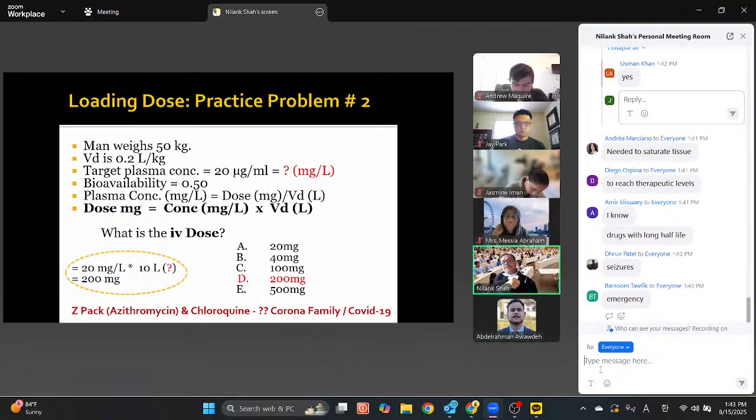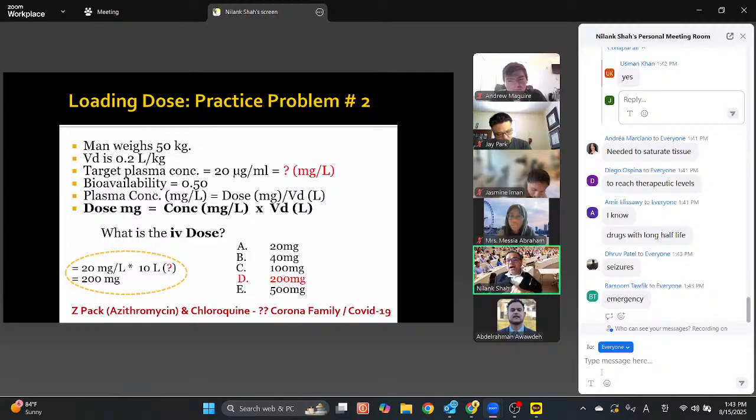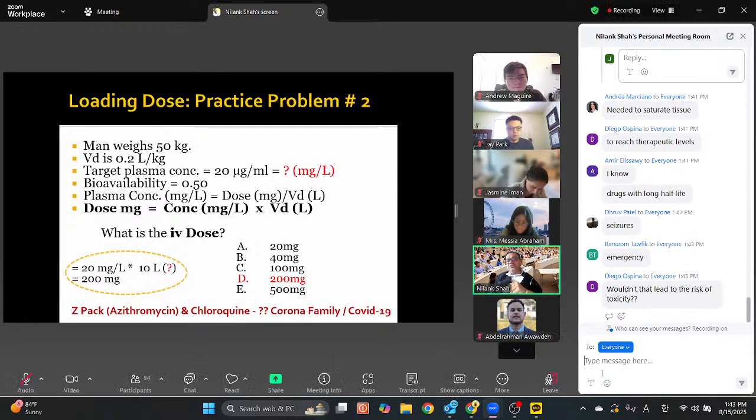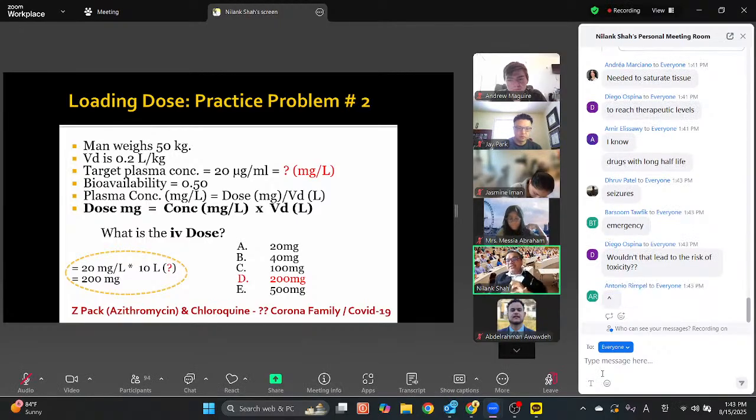I love that. So in case of emergency, when the patient is critically ill, right, Abdel? Yes. When the patient is critically ill in the emergency room, or in case of urgency sometimes, or mostly emergency, in the ER or ED, you have to achieve the desired therapeutic drug concentration in plasma right away to have the quick onset of action of the drug.